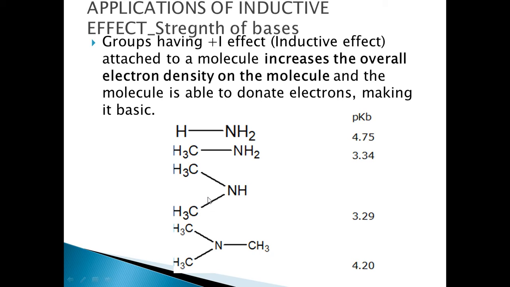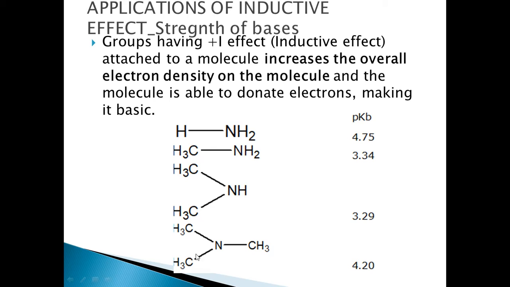This is also illustrated in dimethylamine, in which the pKb is lower than that of methylamine, 3.29. That means because we have two methyl groups donating more electrons to the amino group, the basic strength increases. But in the case of trimethylamine, we notice that the base strength decreases rapidly.